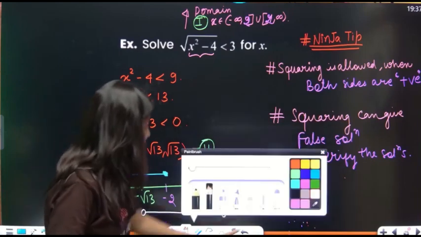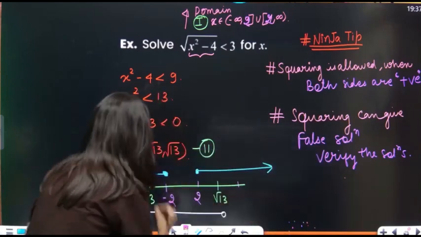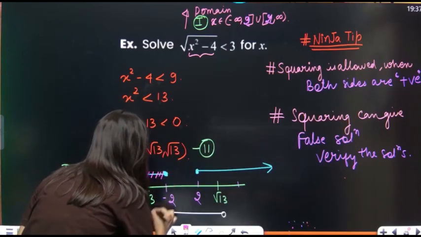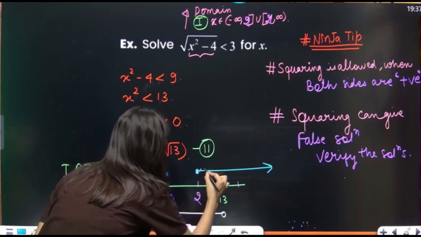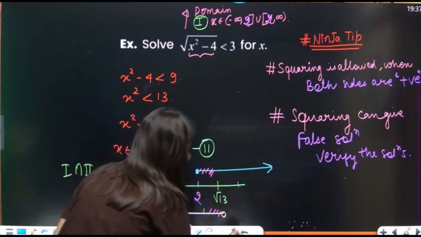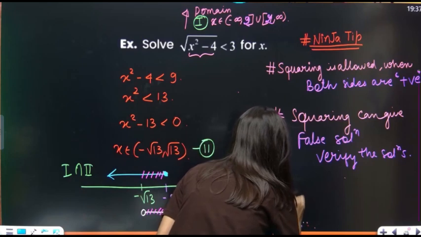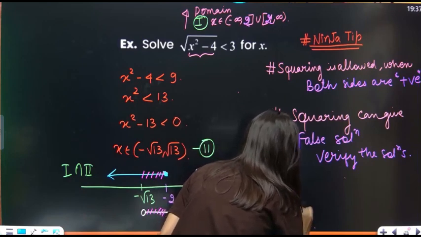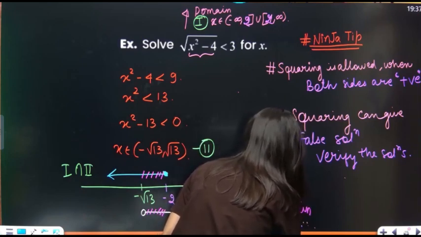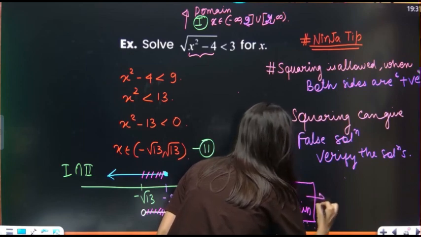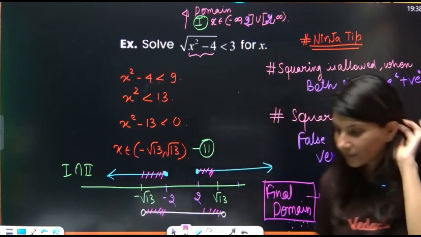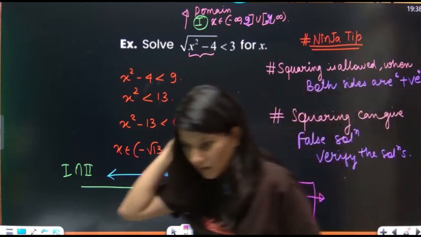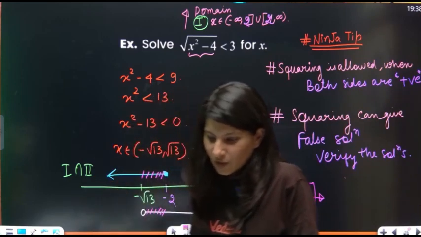Now you need to take the intersection. This question is actually a good question. How do you take the intersection? Can you see this part is the intersection and this part is the intersection. So the final domain. Anybody in the chat box? Domain is 2, Mr. Nothing? What are you saying?